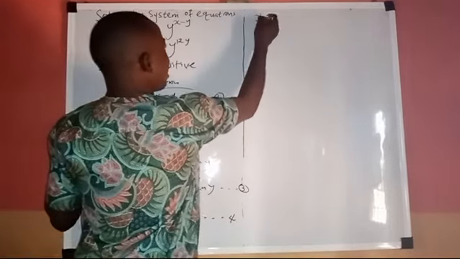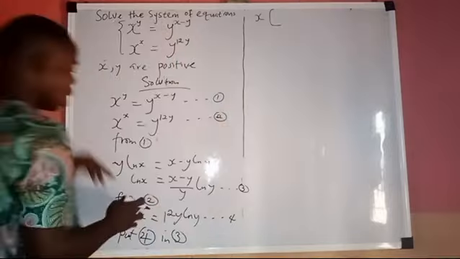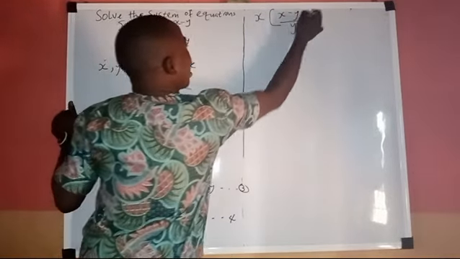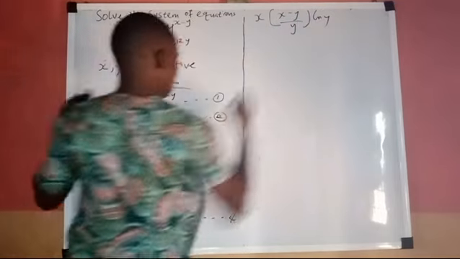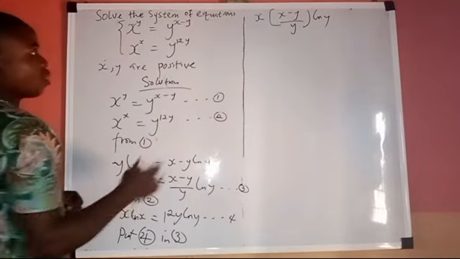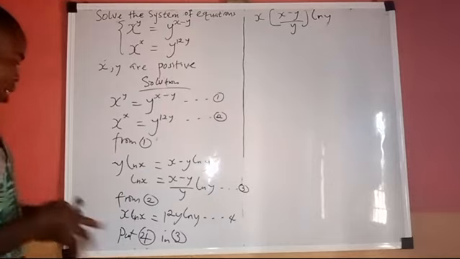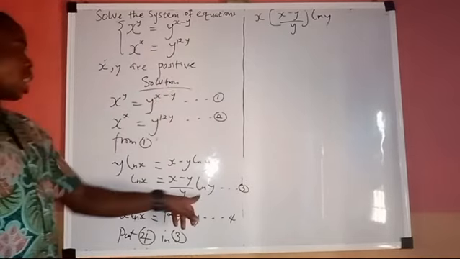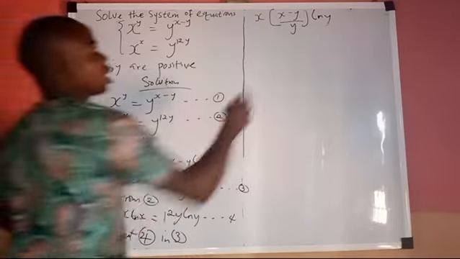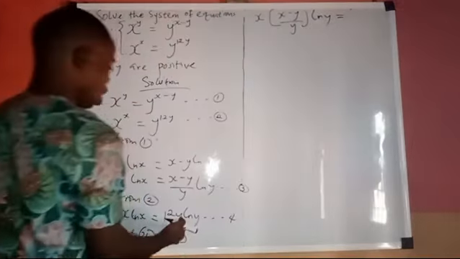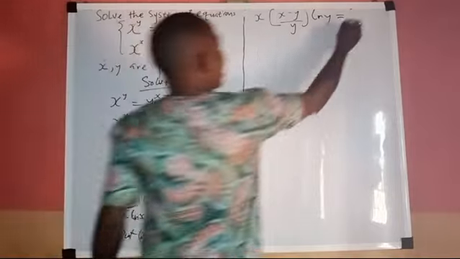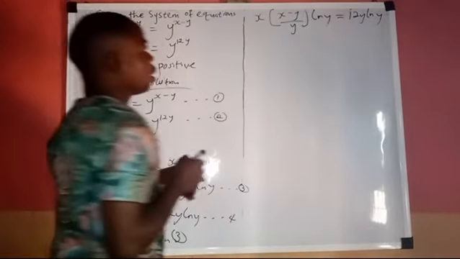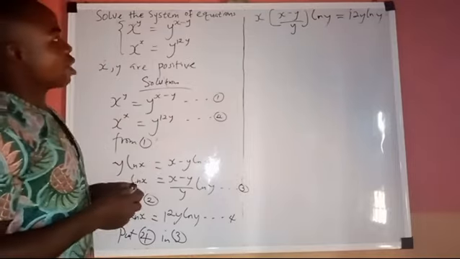If we do that, we have x times ln x, which is (x minus y) divided by y, multiplied by ln y. So this is our x, and that is multiplying the other ln x. And it is equal to the right-hand side, which is 12y ln y.